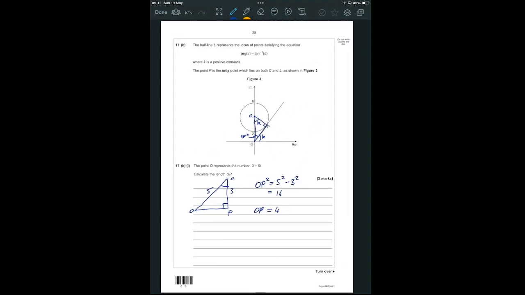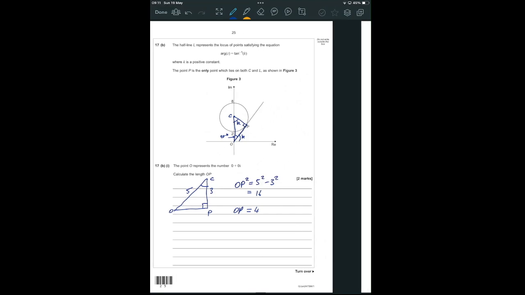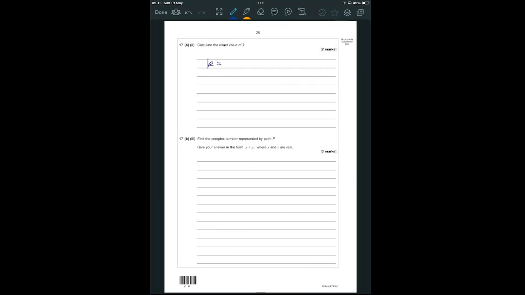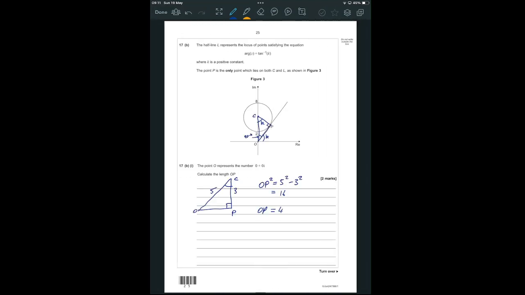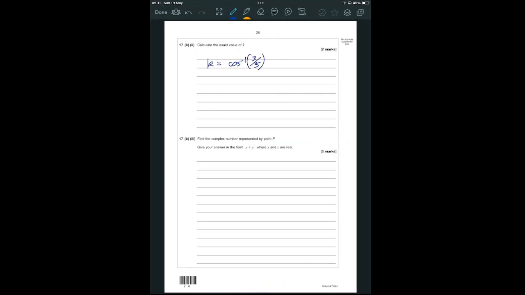So we're going for K equals cos inverse of 3/5. Now cos inverse of 3/5 is not exact. If we were to type that into our calculator, we will not get an exact value. I think it's either 36.9 or 63.1, the combinations for that triangle. So exactly it is the cos inverse of 3/5, so we're going to leave it like that.